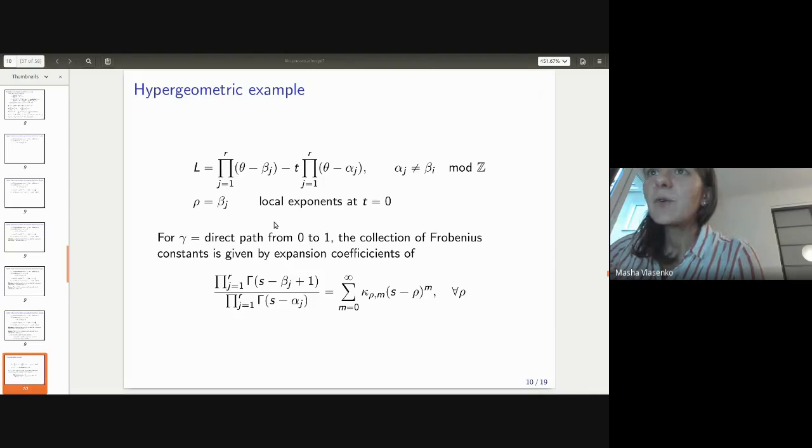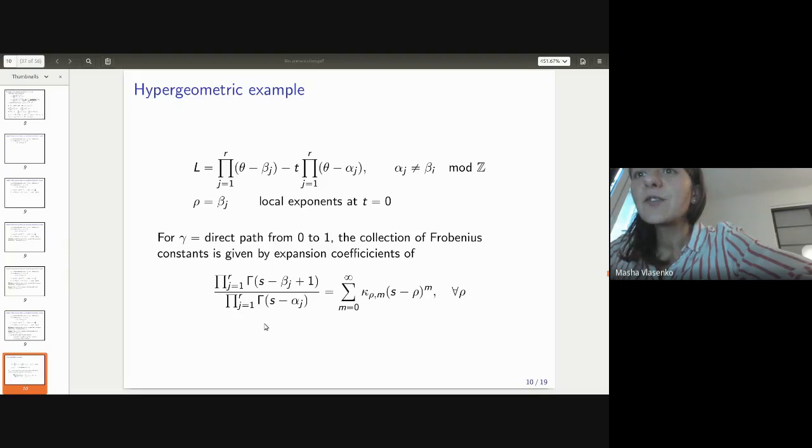For example, for every hypergeometric differential operator, let me consider gamma to be the direct path from 0 to 1, which is a special reflection point, in fact, for hypergeometric differential operators. And now we have infinitely many Frobenius constants, and they all appear to be expansion coefficients of one function here.